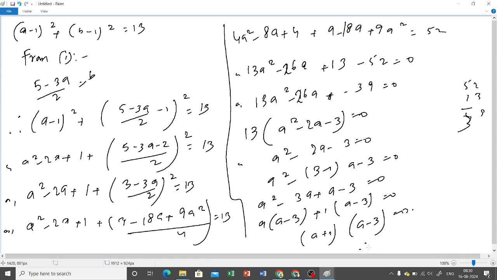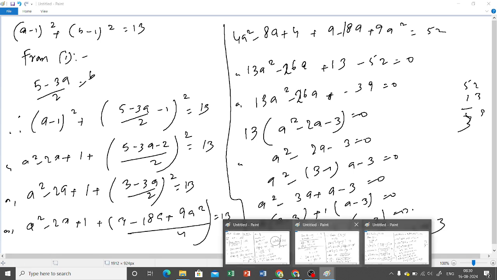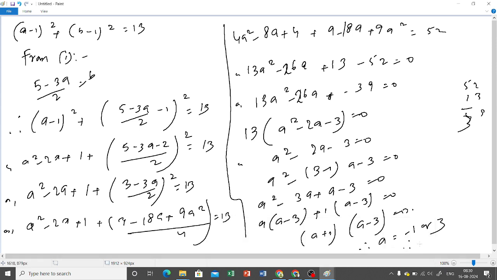Therefore, a is equals to minus 1 or 3. Okay, so what about b? So b is going to be 4 or, when a is equal to minus 1, b is 4, and when a is 3, b is minus 2.